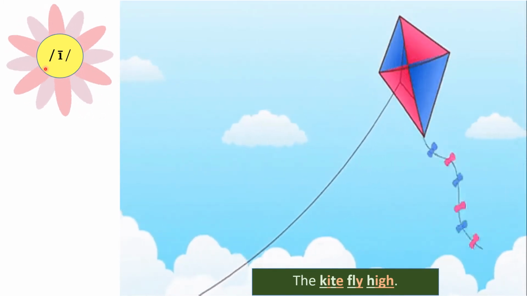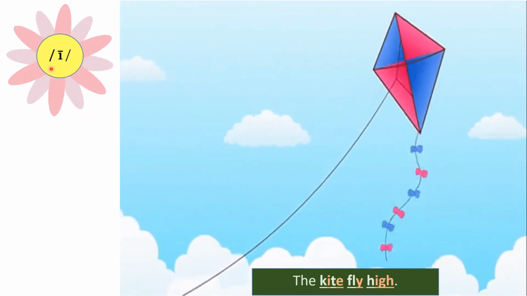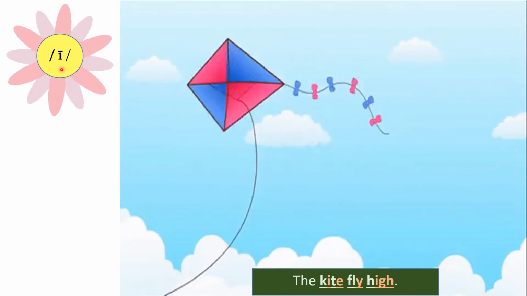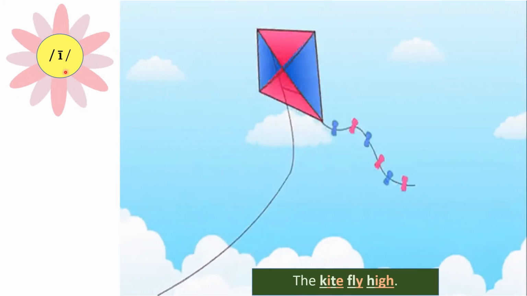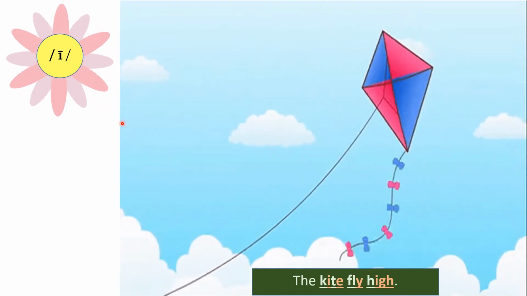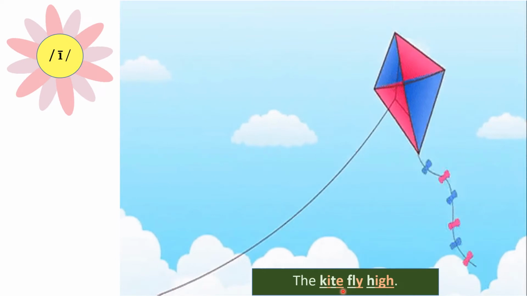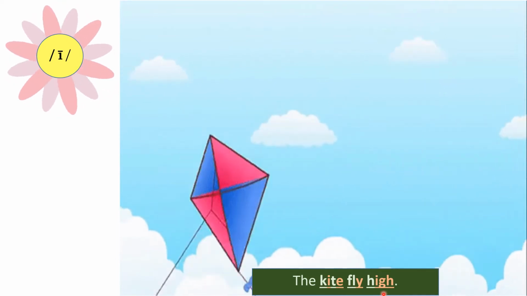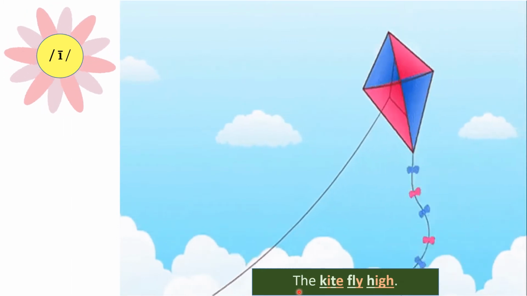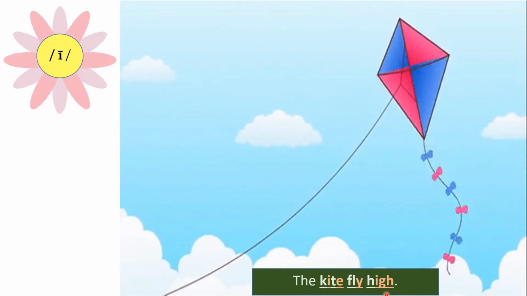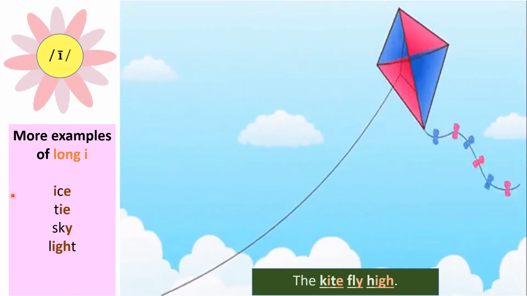Like in this symbol, since this is the symbol of long I, we're going to sound it like I. Same sound as the letter itself. Now we can hear the same sound in the words kite, fly, high. Let's read the sentence here. The kite fly high.